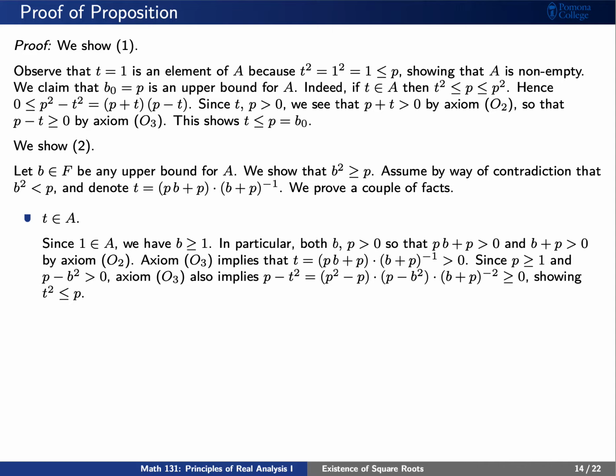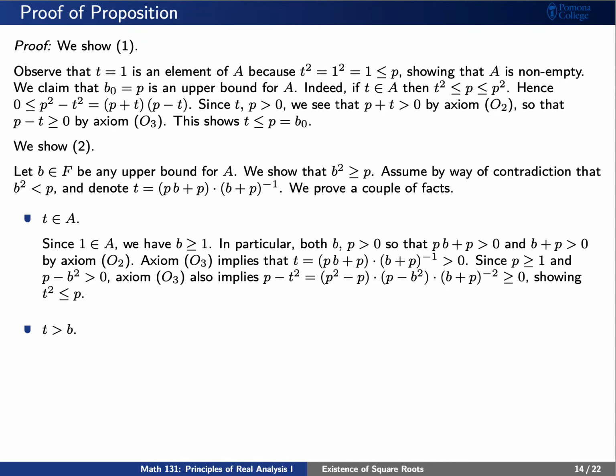Similarly, because p is greater than 1 and p minus b squared is positive, we can also see by some algebra that p minus t squared is positive, showing that t squared is less than p. This means that t is positive and t squared is less than p, so we conclude that t is an element of A.